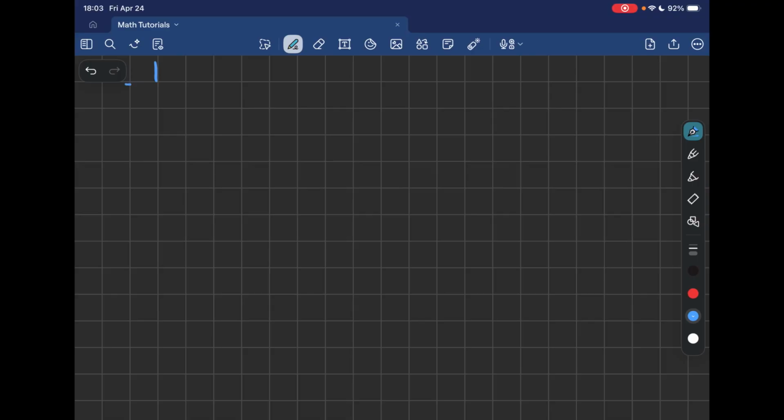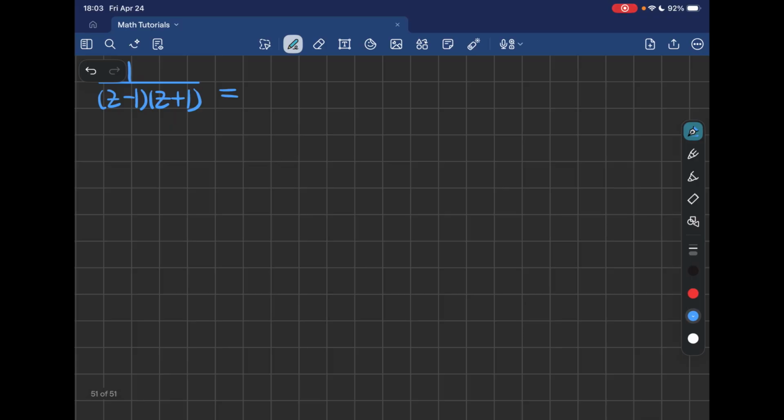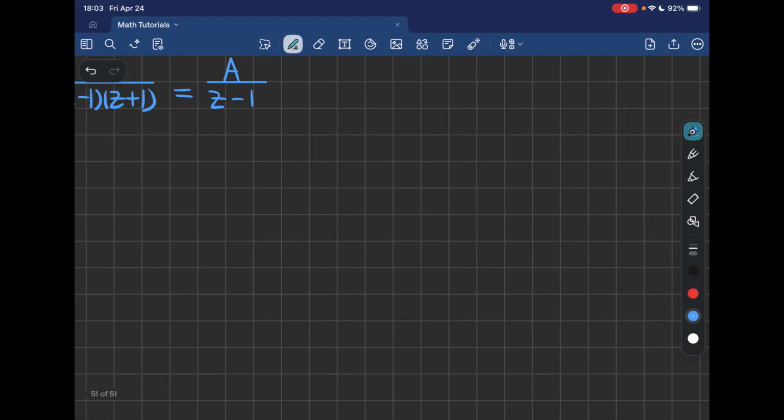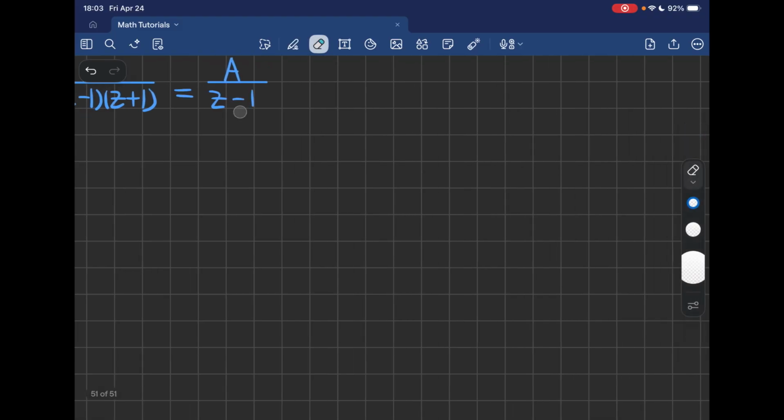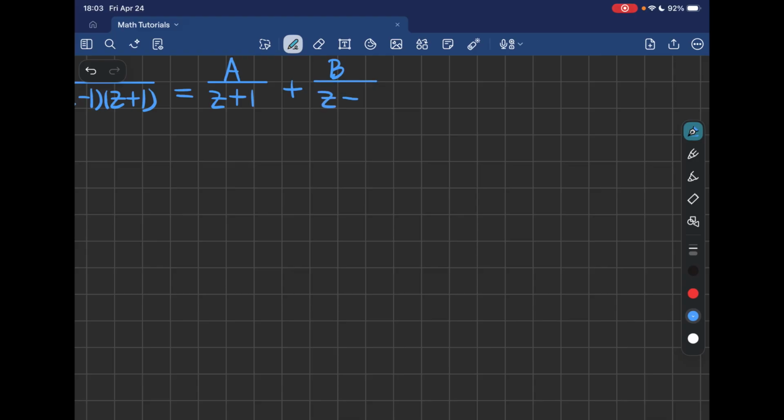So what we are solving is this. I'm just copying down what we wrote on the last page. This fraction equals a over, let's have z minus 1 here. Sorry, let's have z plus 1. Yeah, z plus 1. Plus, well, the order doesn't really matter, but I prefer to have z plus 1 first, and z minus 1 here.